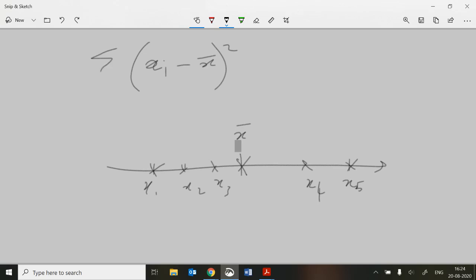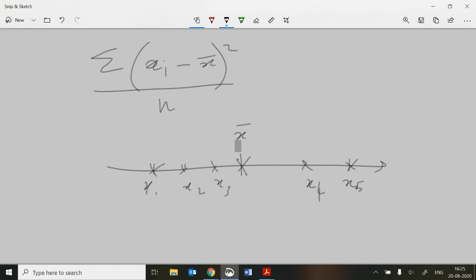So now if we summed all of these together, we'd get some measure of how far away everything is from the mean, all added together. But if we wanted to average those differences squared, we do this. We average all of those differences squared.